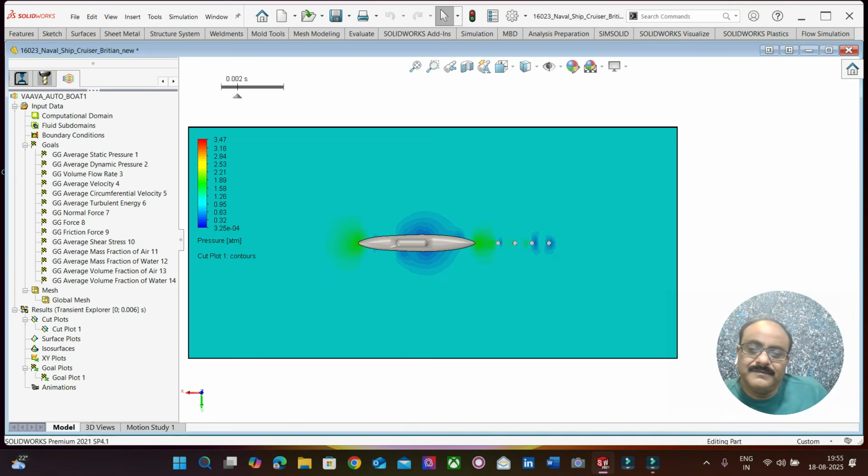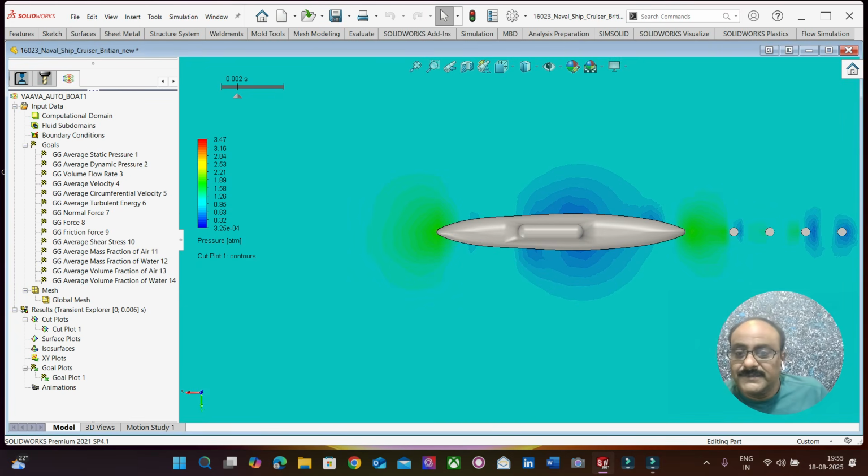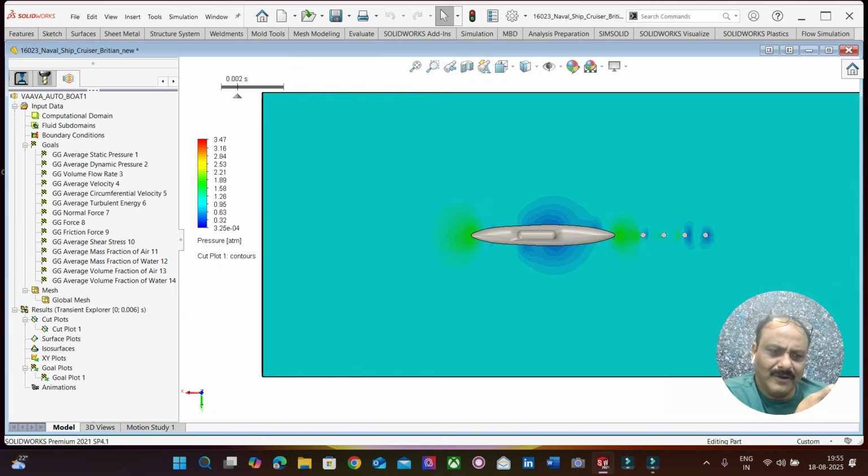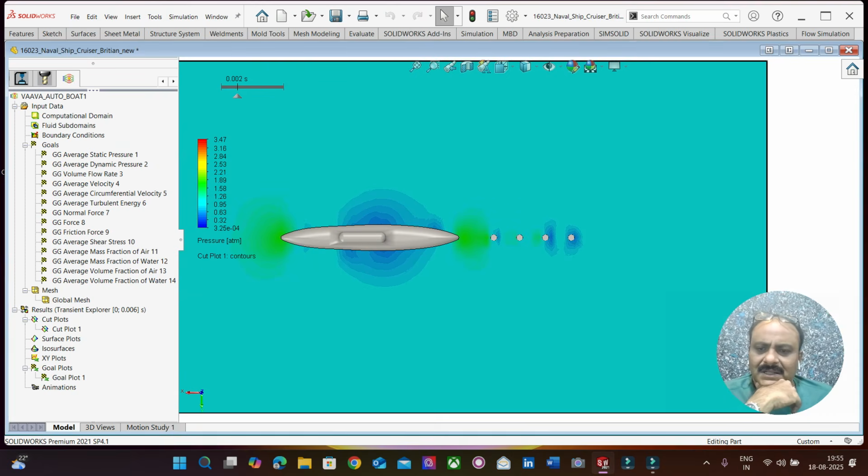So now, yeah, this is going to be the pressure. So the pressure values are going to be in the range of 0 to 3.47 atmospheres. Okay, so there are going to be very, very small regions where you will find the 3 atmospheres and all those.